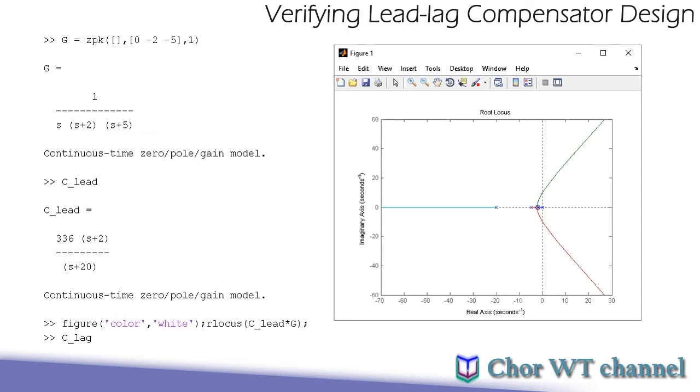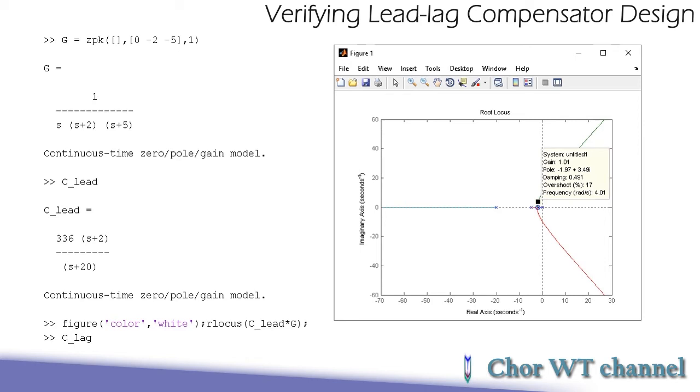Alright, so this is the root locus after running this command. What we need to do is click on any point of the root locus, and if the compensator has been designed correctly, we expect the root locus to hit exactly the desired locations at a gain of 1.